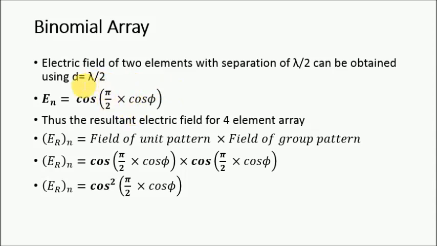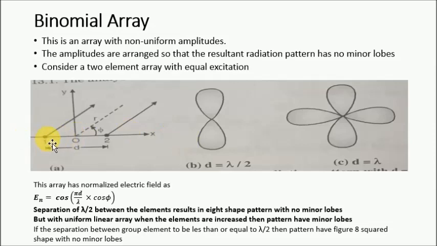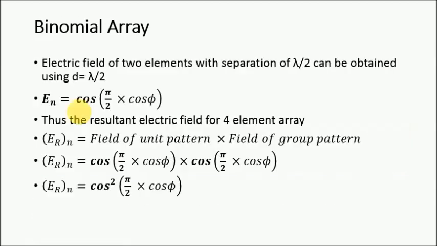If d is lambda by 2, the pattern is cos(pi/2 cos phi). Now for the resultant electric field of a 4 element array, assume the distance between the elements is d equal to lambda by 2. The resultant electric field for the 4 element array is the field of the unit pattern multiplied by the field of the group pattern.